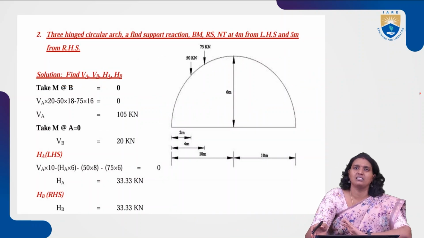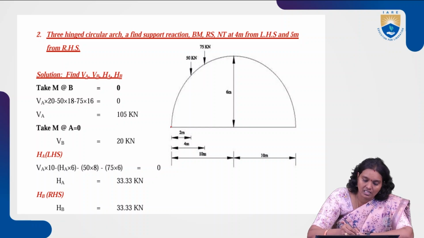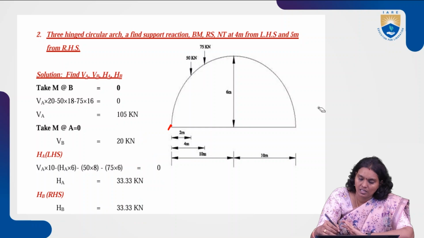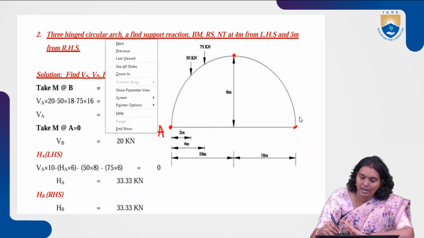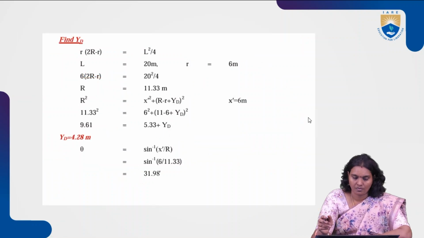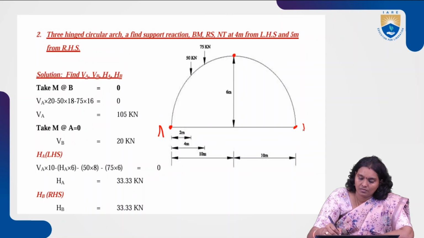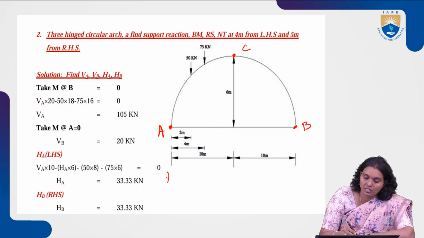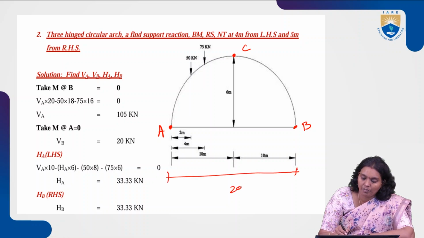Similarly, a three hinged circular arch. Here this is the support and this is the support, with the hinge generally at the crown. So this is at the crown, this is A, this is B and this is C. Given here the total span is 20 meters, with 10 meters from the middle to each side.